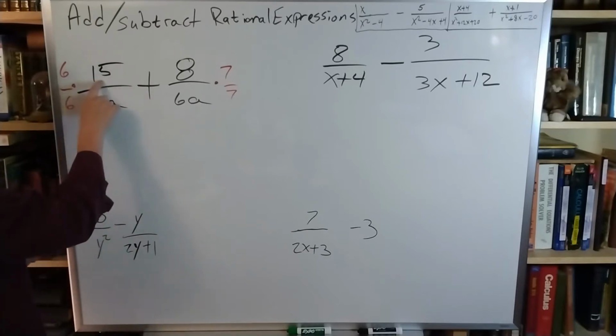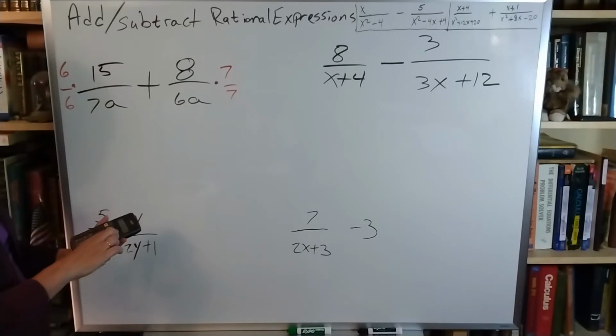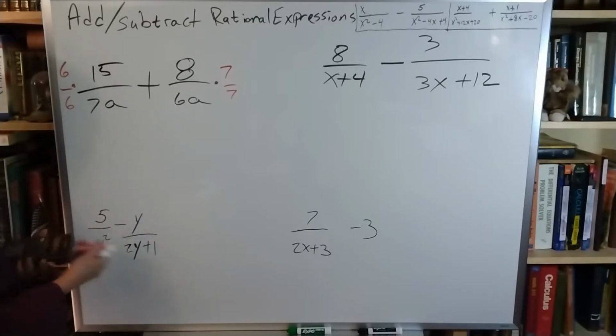So then we grab our calculator, 6 times 15. 6 times 15 equals 90.